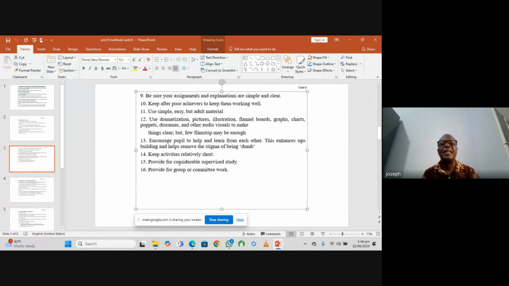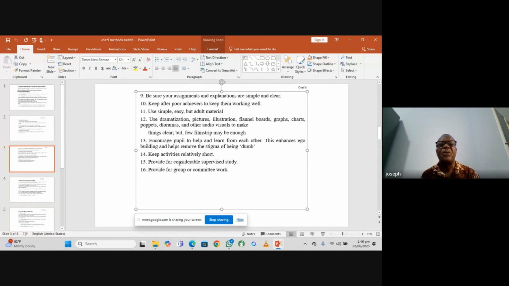Keep activities relatively short so that it will not be too long and they will not be discouraged from accomplishing the task. Provide for considerable supervised study. When you give them the task, make sure you supervise them to do the work, and when they submit, you give them the feedback promptly so that they will know whether they are progressing or not.